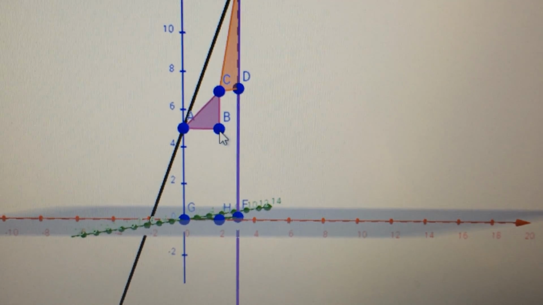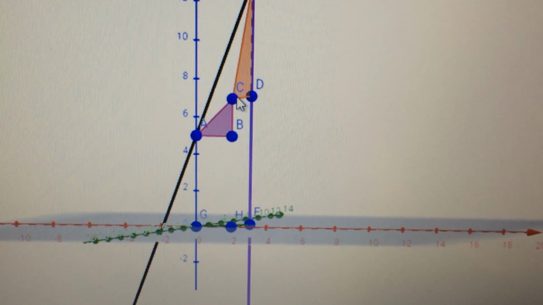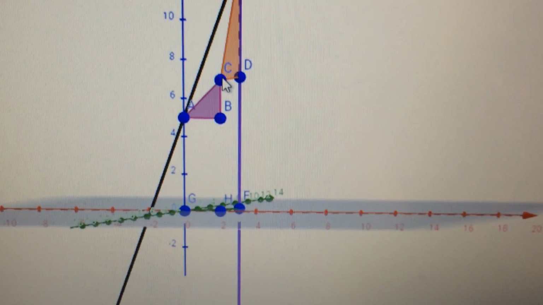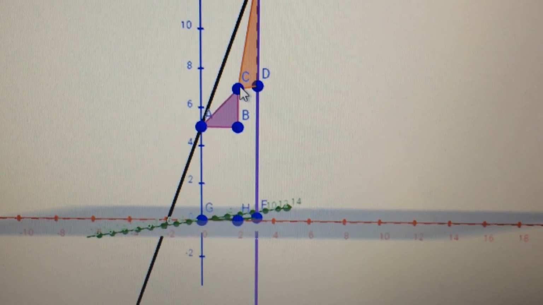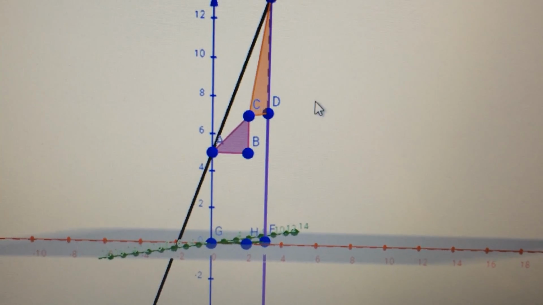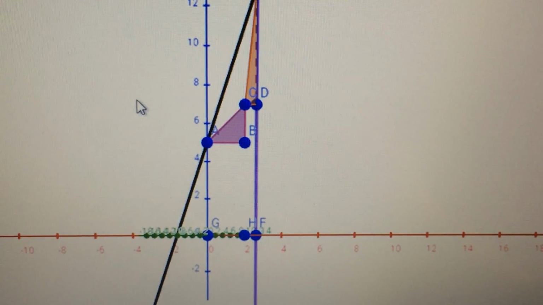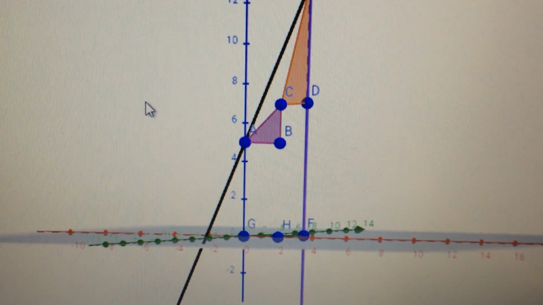I'm starting from B, which was 2, 0, 5, and now I'm going to go up to C, which will be 2, 0, 7. Notice how the 5 added 2 in order to get to 7. So this pink triangle is basically taking care of my z rise in the x direction.